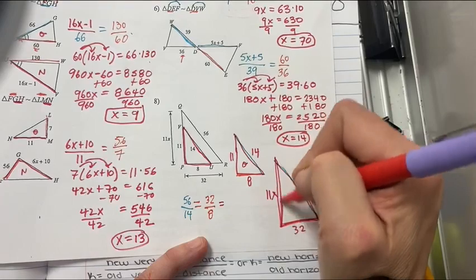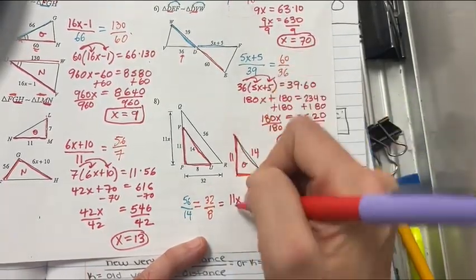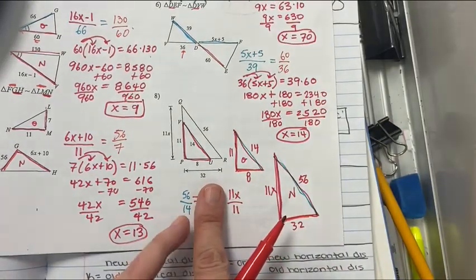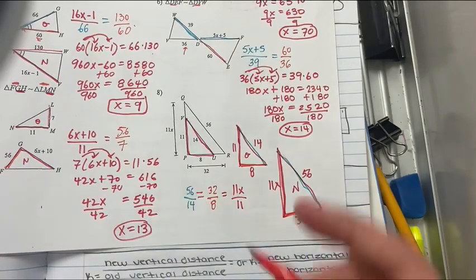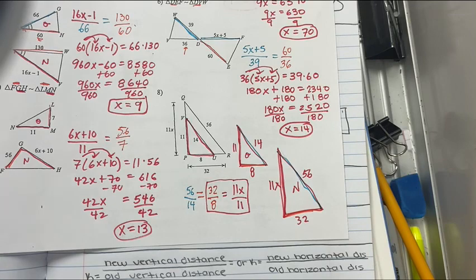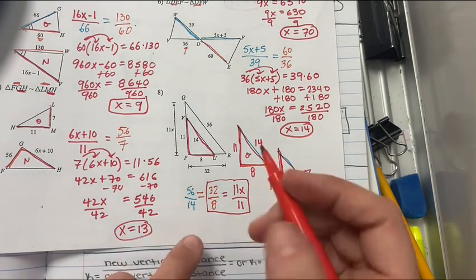So if I picked this side, the new side is 11x, and the old side is 11. So I could actually set this up with either this blue fraction or this one, and it doesn't matter. I'm just going to pick this one and cross multiply and solve. But I should get the same answer.